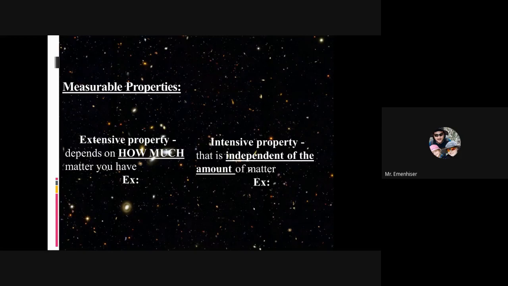Because I'm measuring how much it weighs, essentially. So if I have more iron and I weigh it on a scale and determine its mass, the more iron I have, the more mass I'm going to have. So that's what we call an extensive property. It means that it depends on how much we have.